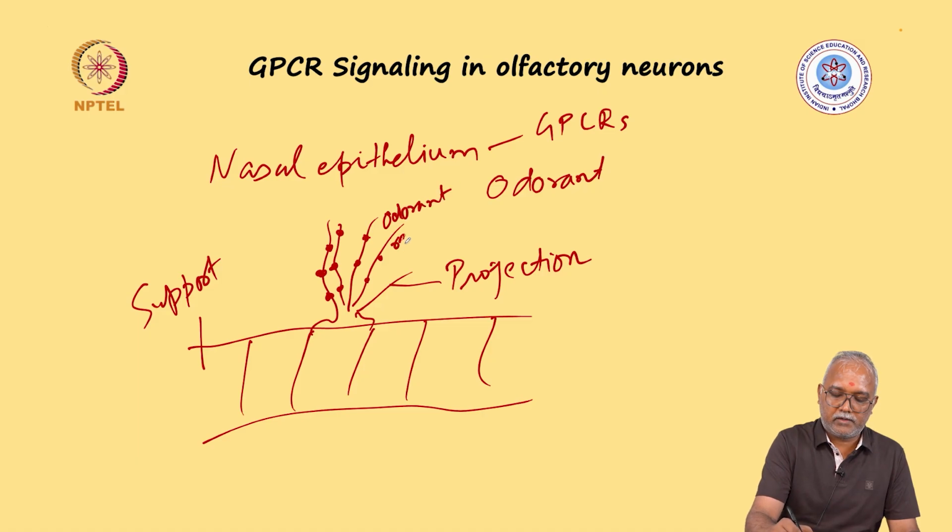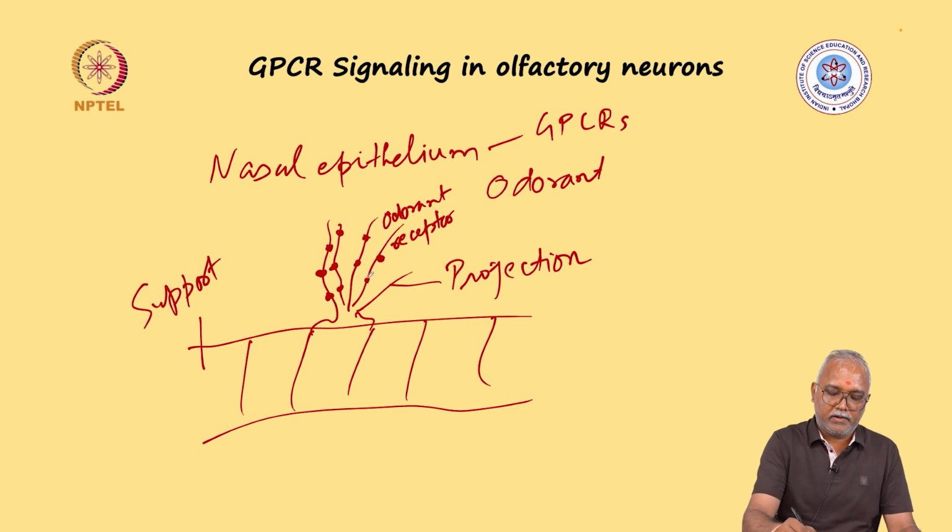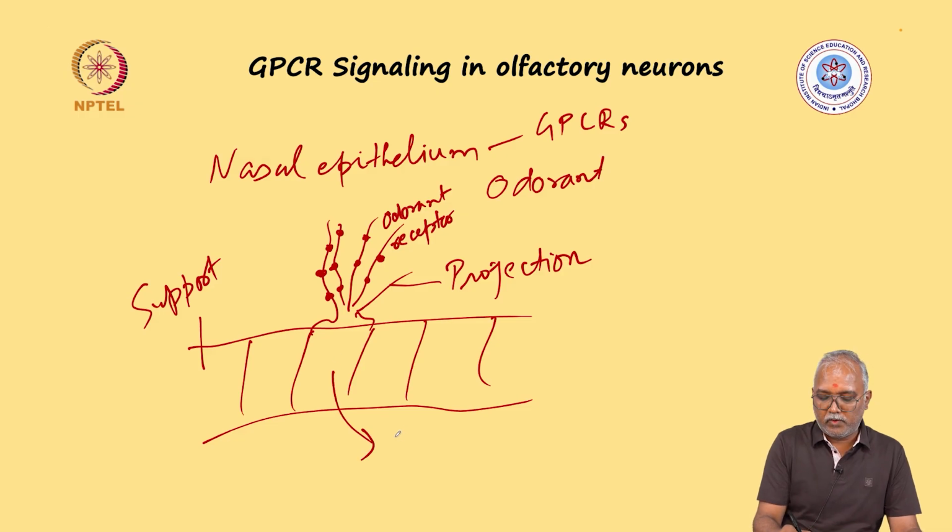If I say odorant receptors, they will bind to the odorant, and as a response to this binding inside, adenylyl cyclase is active, cAMP is produced.